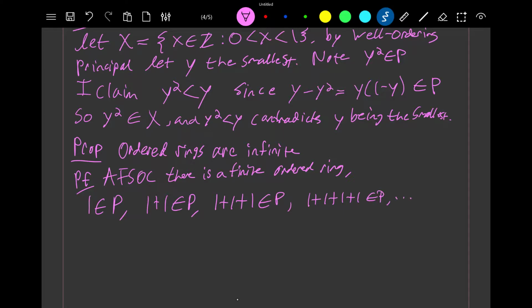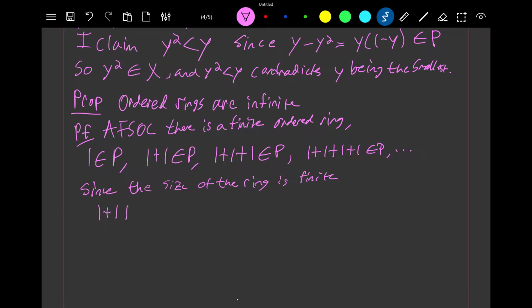Since the size of the ring is finite, what we get is at some point the element of the ring has to be the same. So we're going to have 1 plus 1 plus 1, if this is m times, equal to 1 plus 1 plus 1 n times.